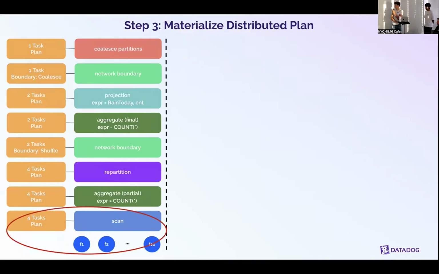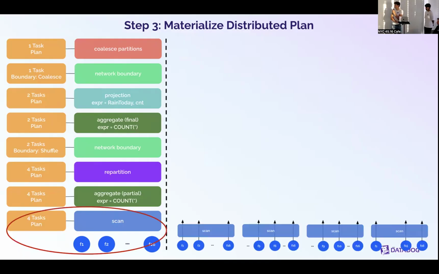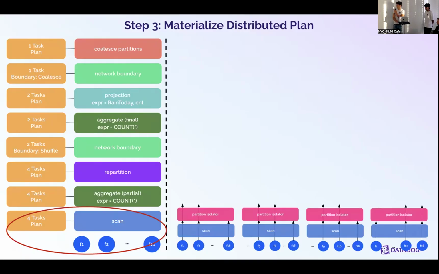So we do another bottom-up traversal. Because we have 4 tasks, we copy the operator 4 times. Then we add our own operator here called the partition isolator, and this ensures that each machine only sees the subset of data that it's responsible for computing.